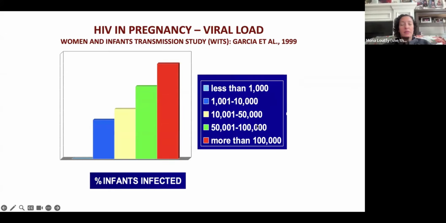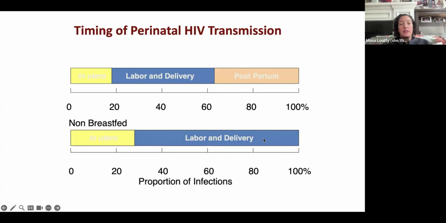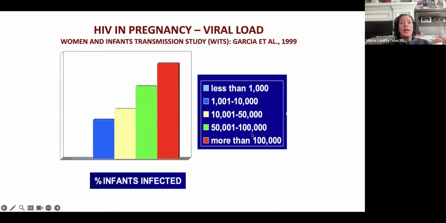This was the first study. Actually, the first clinical trial in HIV was a clinical trial of the use of zidovudine in pregnancy versus no treatment, and it reduced HIV transmission by like 80%.